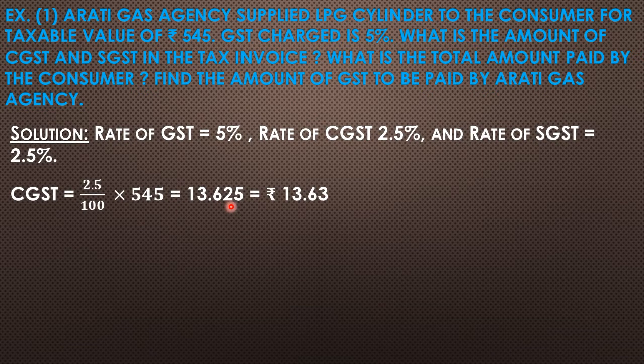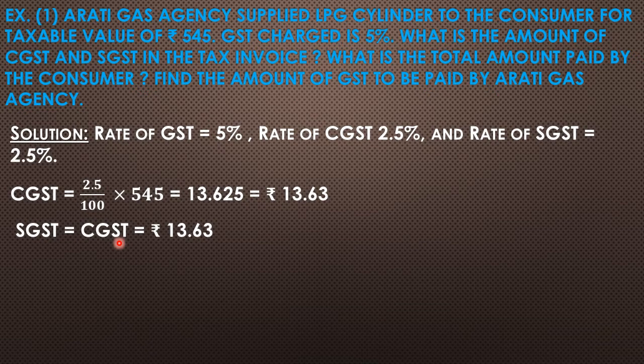If you perform the calculations, you will get 13.625, which is approximately rupees 13.63. SGST also will be the same, because the amount of SGST and CGST are equal according to the important note that we discussed.